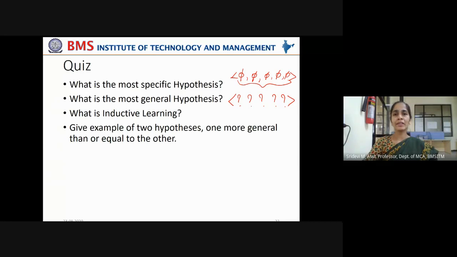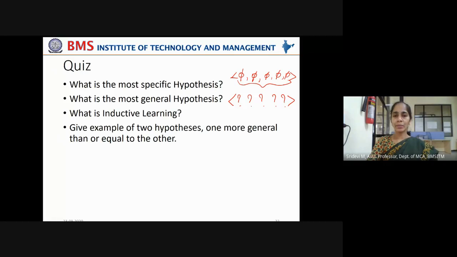When some unseen questions are asked, that is called inductive learning. Machine is learning from the observations, from the training examples, and it is trying to apply its knowledge to predict something in future, on examples it has not seen so far. This is called inductive learning.